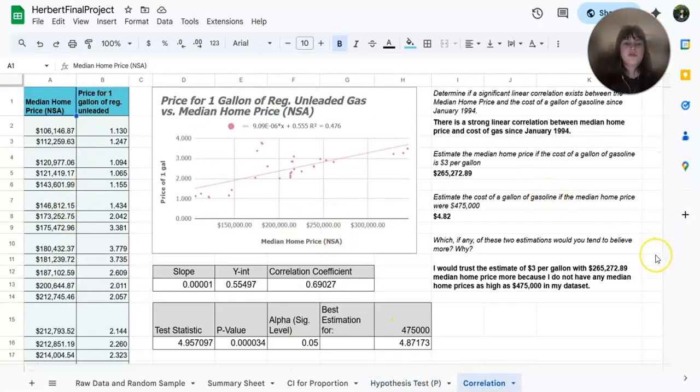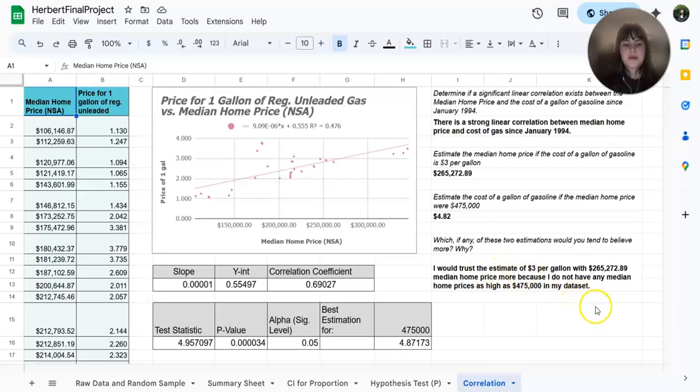Finally, I wanted to perform correlation analysis between the median home price data set and the price per gallon of gas data set. So to do so, I constructed a scatter plot with median home price on the x-axis and price for 1 gallon of unleaded gas on the y-axis. And I displayed a trend line here to get my regression equation.